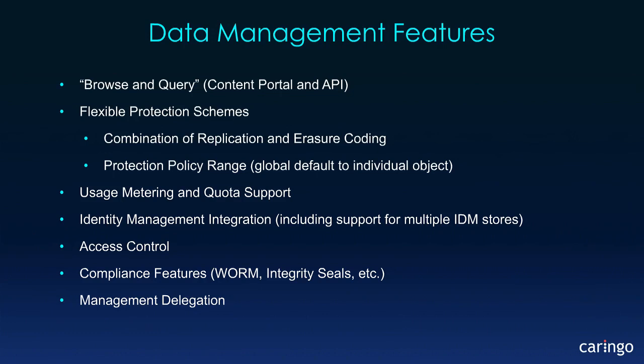We just talked a little bit about that, but you should be able to set any kind of protection scheme that you want on the logical level, meaning it doesn't matter how many servers you have on a specific ring, or having a specific ring for a specific data protection scheme. If you're able to set the protection scheme that you want on a per endpoint basis or per packet basis, that would be great for you.